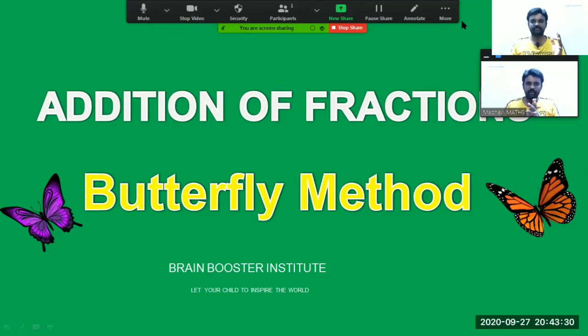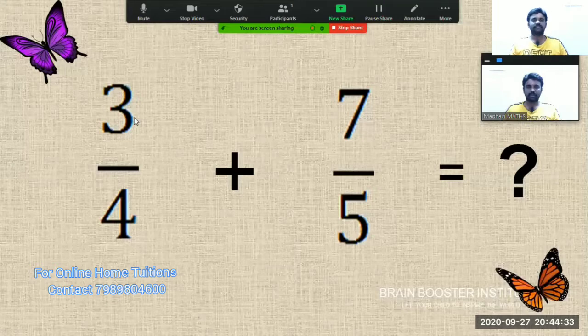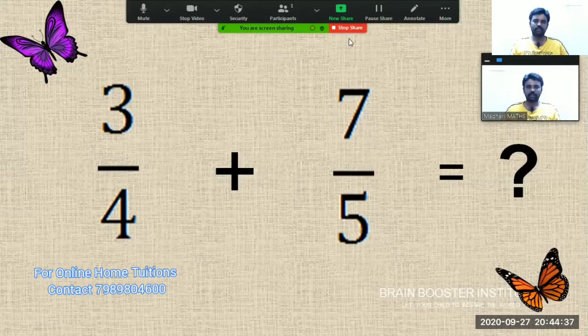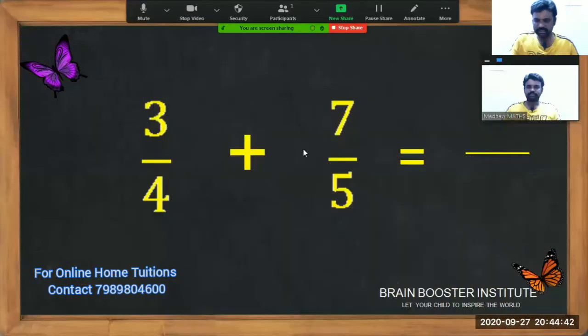Let us take one example: 3 by 4 plus 7 by 5. How much is it? Let us add these two fractions.